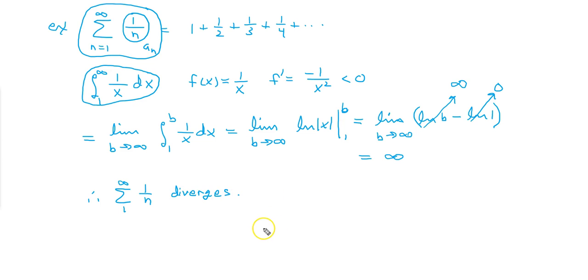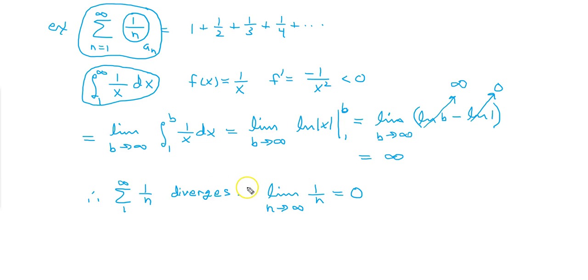And it's interesting to note that if we look at the an terms, the limit as n goes to infinity of the an terms does equal 0. However, our series still diverges.